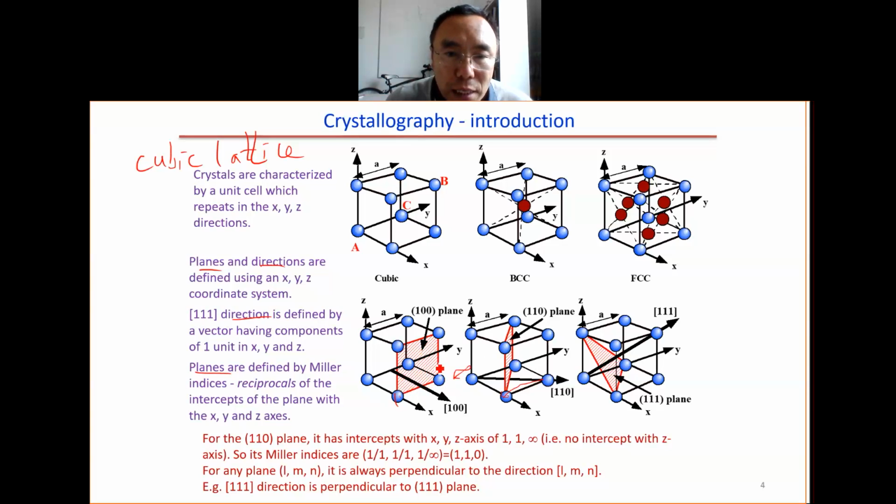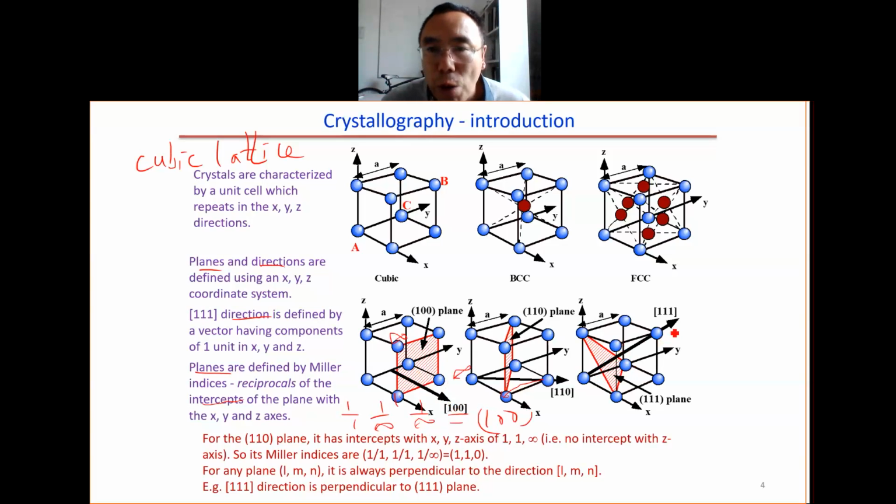It is also parallel to the z-axis, so that intercept is also infinity. Then we have 1 over 1, 1 over infinity, 1 over infinity, which equals the 100 plane.